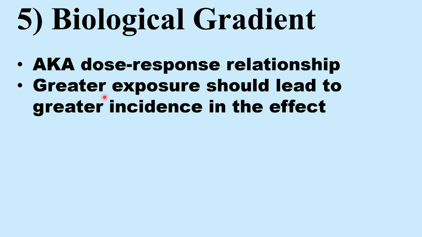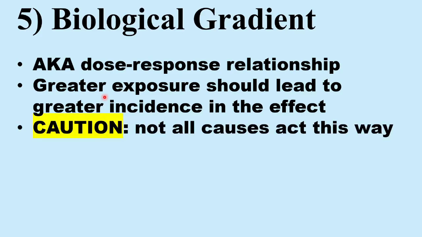Counties with greater lead in drinking water should have a greater incidence of a certain disease that you're looking at. However, there is a caution: not all causes act this way. There are some things that might cause an effect on just the mere exposure to it, and so adding more to it won't make it worse.